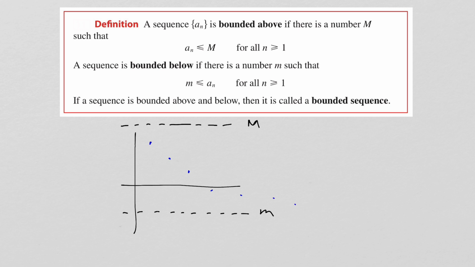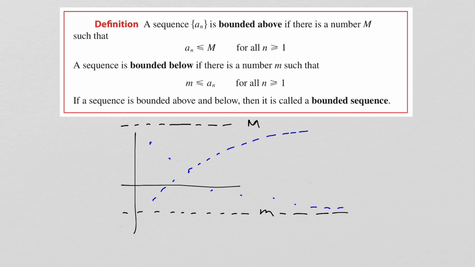So it might approach the line below here, like this, or your sequence might approach the line above here, but it cannot go off to infinity or down to negative infinity. So a bounded sequence is basically a sequence that is always in between two finite numbers.